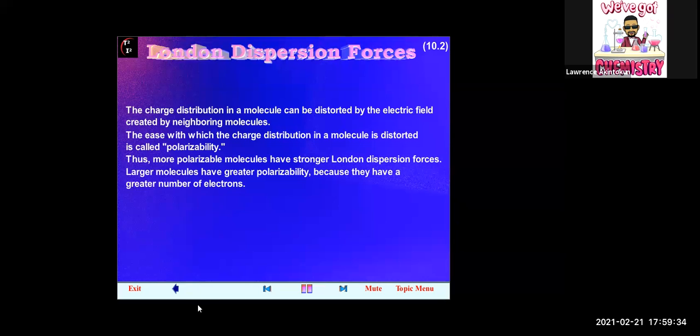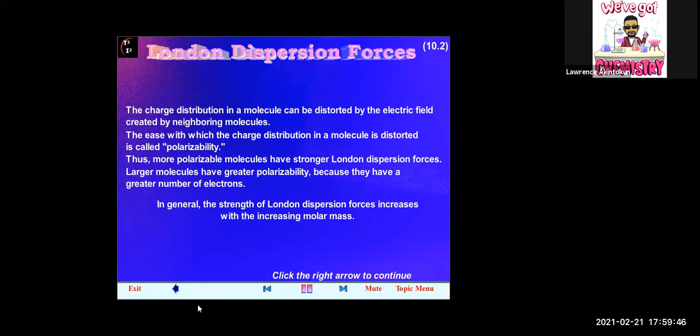Larger molecules have greater polarizability because they have a greater number of electrons. In general, the strength of London dispersion forces increases with increasing molar mass. You can see the importance of molar mass in London dispersion forces.